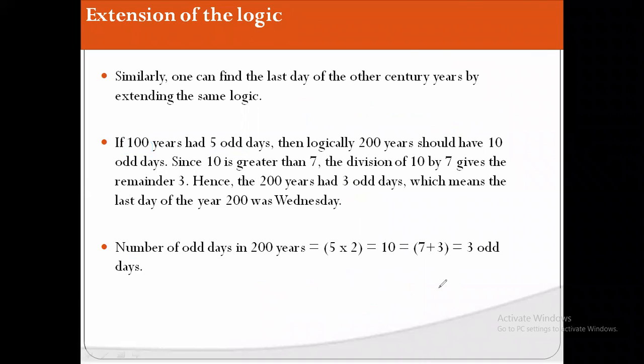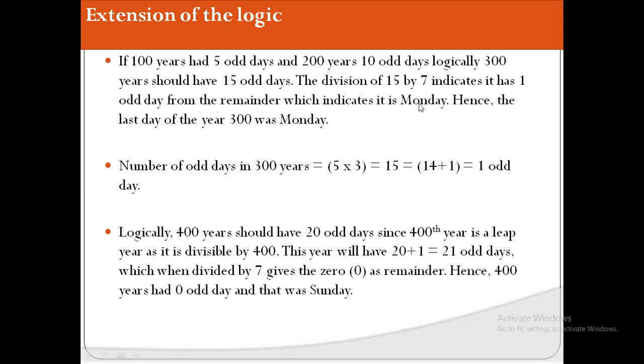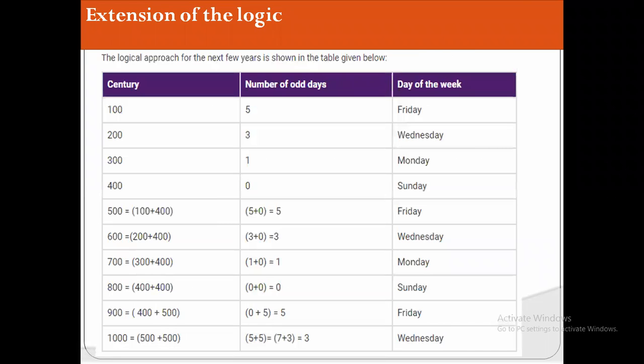Now, as a conclusion, an ordinary year has 1 odd day, whereas a leap year has 2 odd days.